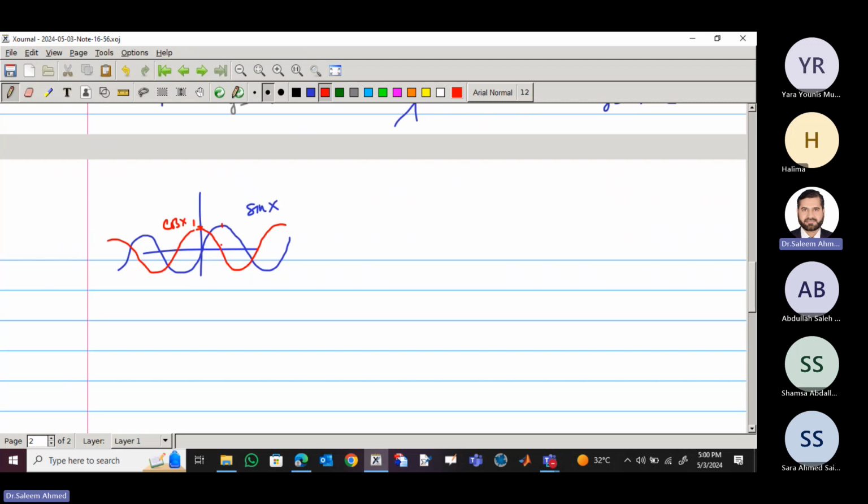At pi by 2, sine is 1, but cos is 0. At pi, sine is 0, but cos is minus 1, and so on. Similarly, at minus pi, your cosine becomes minus 1. At minus pi by 2, your cos becomes 0, and sine is minus 1, and so on.